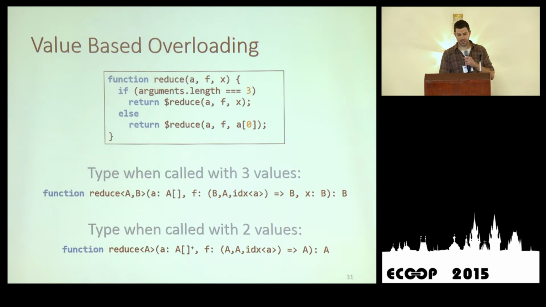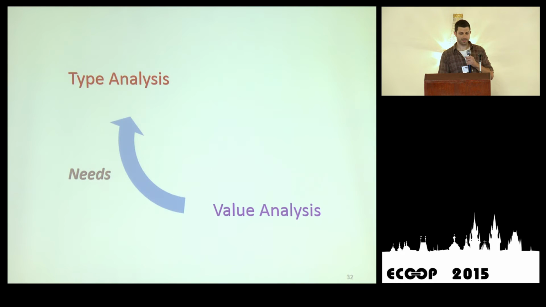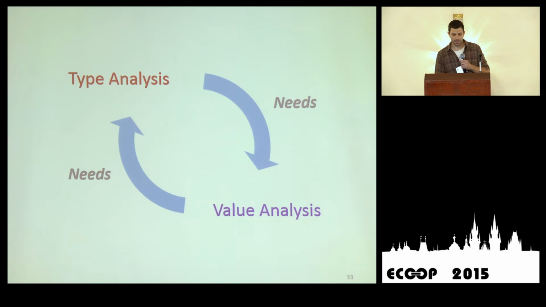And so what we realize here is that in order to reason about the base types themselves, we also need to reason about values that flow through the program. And so in addition to the dependency from value analysis on type analysis, there's also a dependency from type analysis, like basic types, onto values.